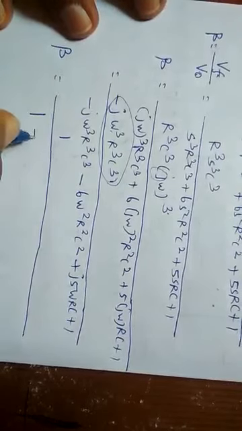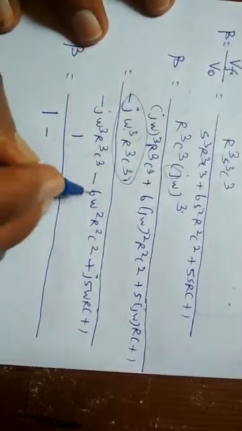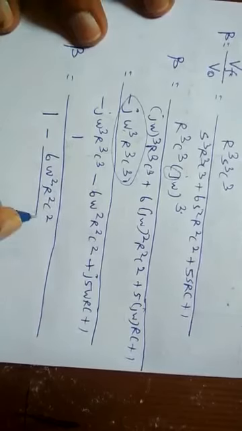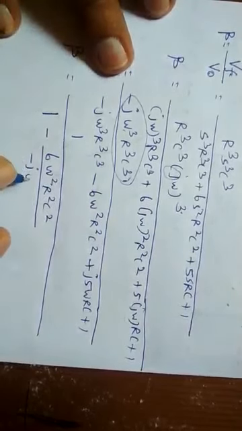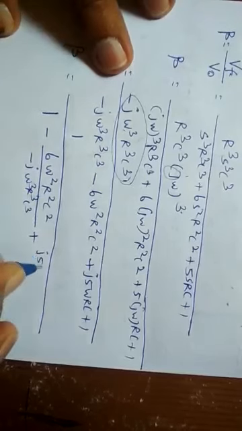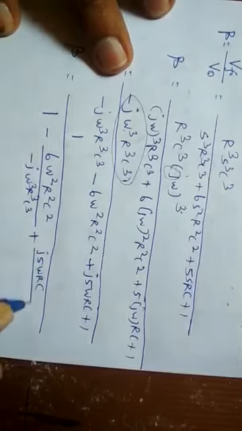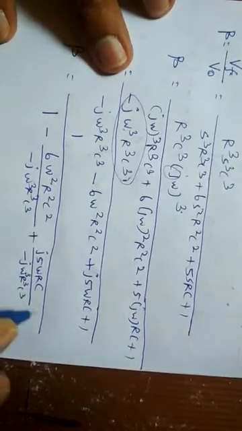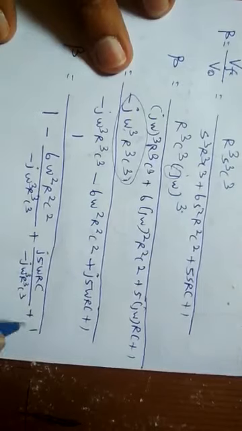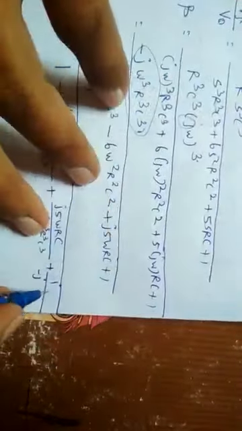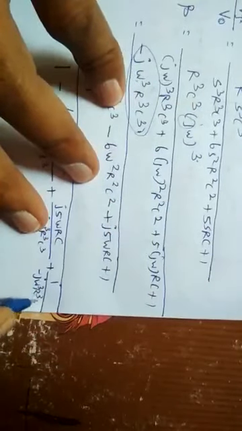here it is 1 minus 6 omega squared R squared C squared divided by minus j omega cube R cube C cube, plus j 5 omega RC divided by minus j omega cube R cube C cube, plus 1 divided by minus j omega cube R cube C cube.